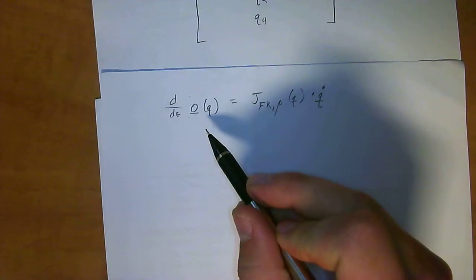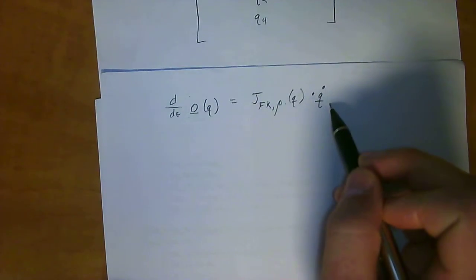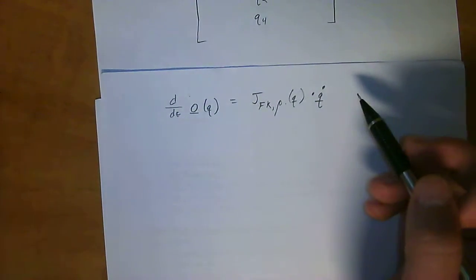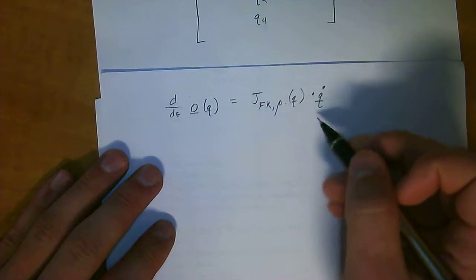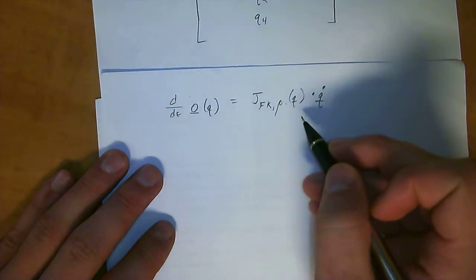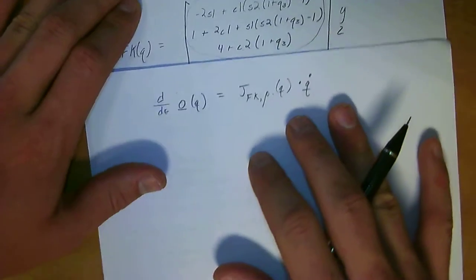Don't let this Q dot throw you really, because it's basically just the derivative of Q with respect to time. So it's a pretty easy thing, and it won't really matter. The Jacobian is the part you need to care about.